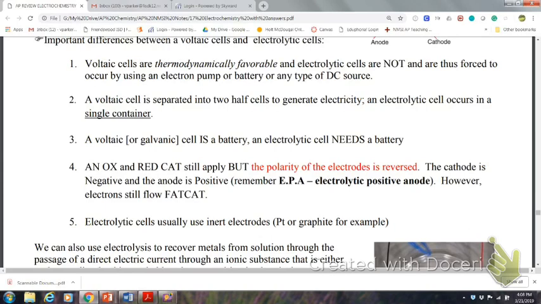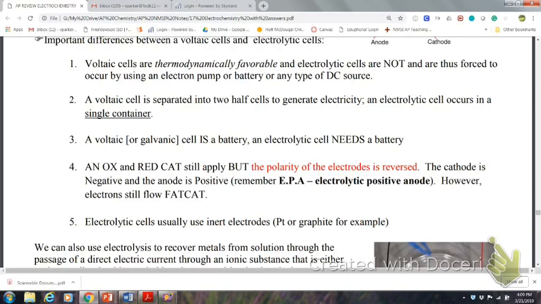A voltaic cell is separated into two half cells, usually connected with a porous disc or a salt bridge, and an electrolytic cell occurs in a single container. No salt bridge is necessary or needed for that. Number 3, the voltaic or galvanic cell is a battery, whereas an electrolytic cell needs a battery.